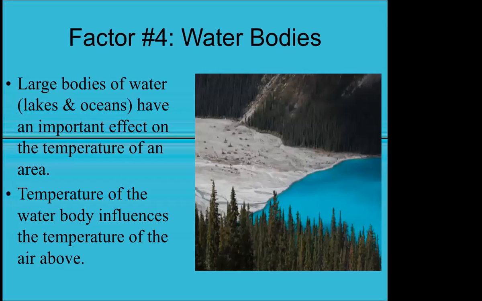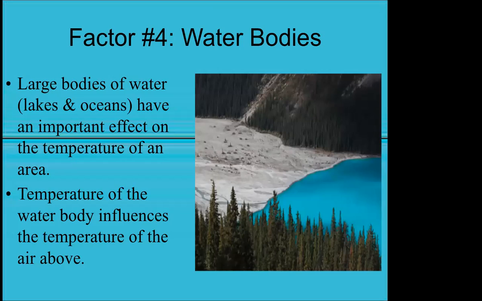Number 4 is the water bodies. Large bodies of water, like lakes and oceans, have an important effect on the temperature of an area. We talked about air over water and air over land in the meteorology unit.